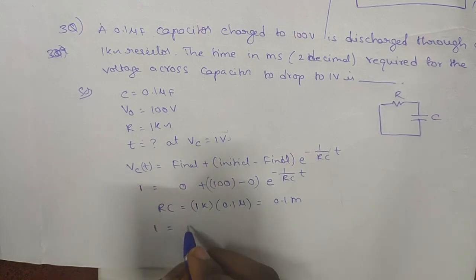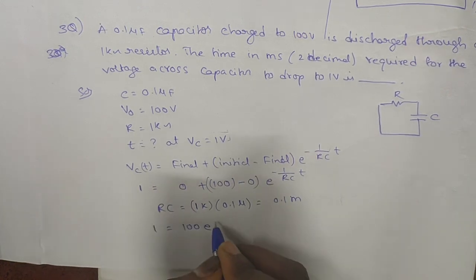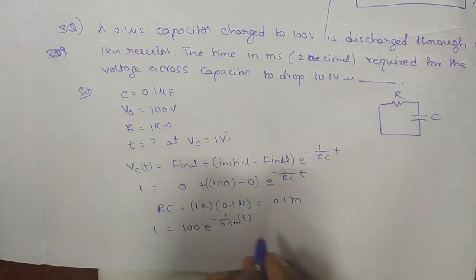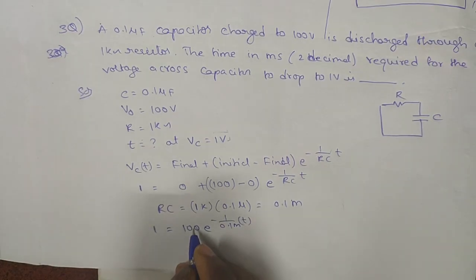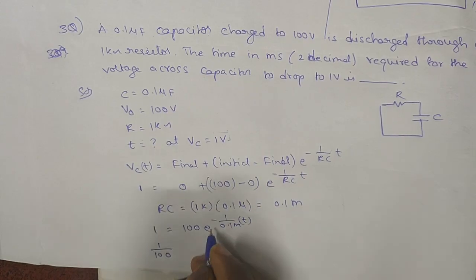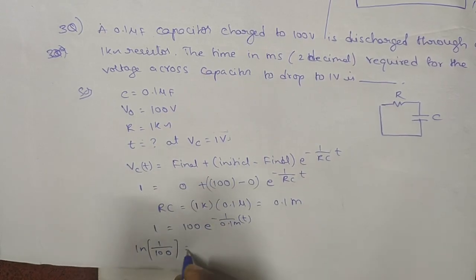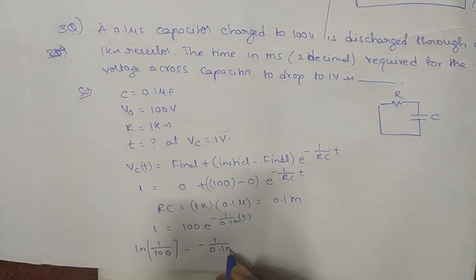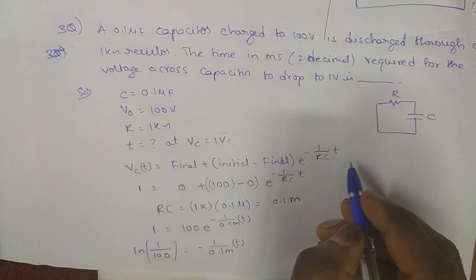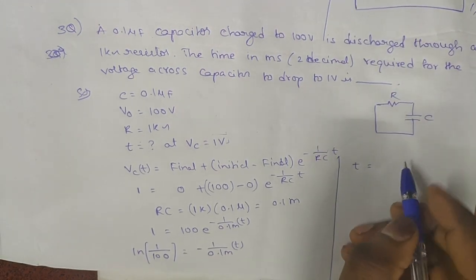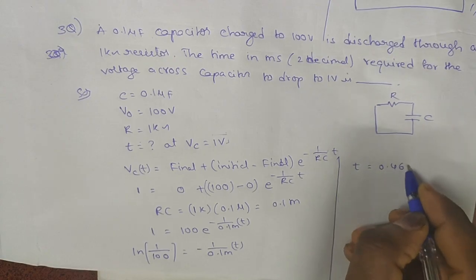So 1 is equal to 100 into e power minus 1 by 0.1 milli into T. By interchanging, 100 goes here, that means 1 by 100, taking ln, it will be equal to minus 1 by 0.1 milli into T. Now the time will be 0.46 milliseconds.